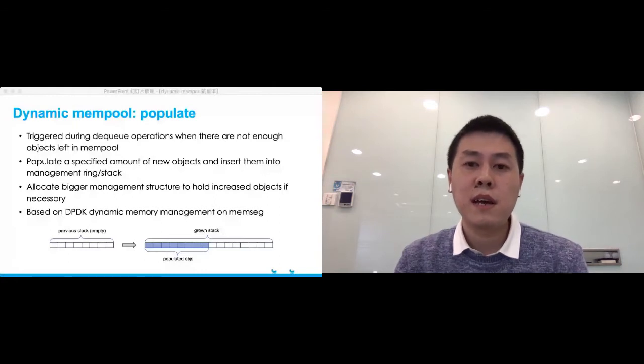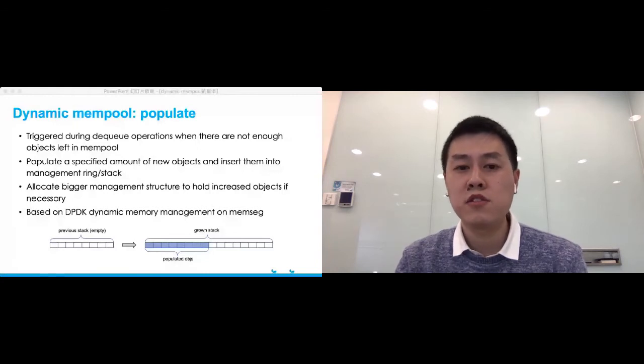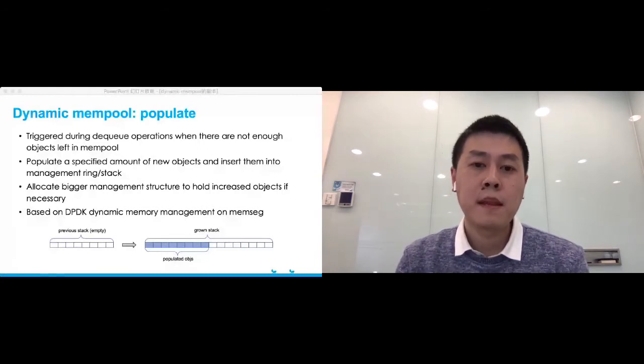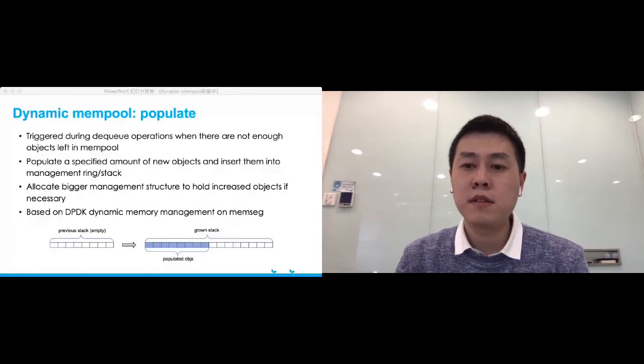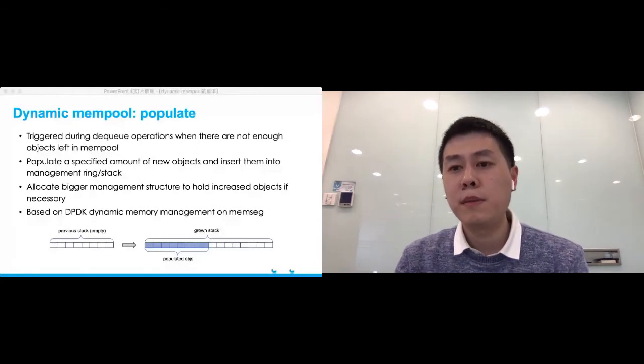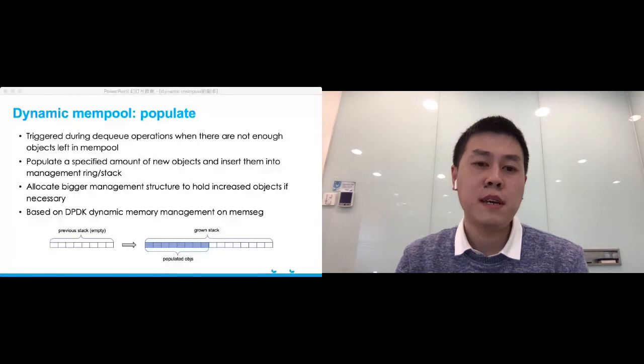So current libraries and drivers based on the mempool library could still work without any modification. The dynamic memory allocation for the management structure and populated objects is based on DPDK dynamic memory management, or memseg, which is already supported by current DPDK versions.